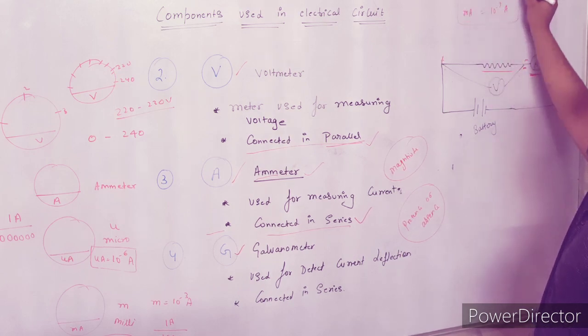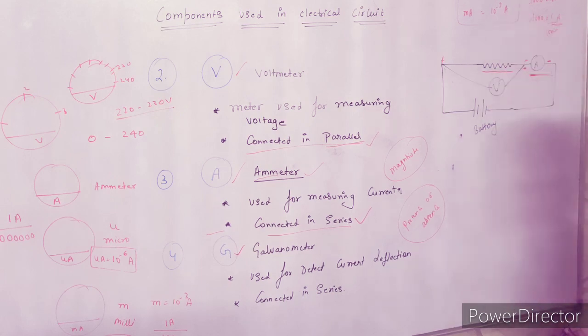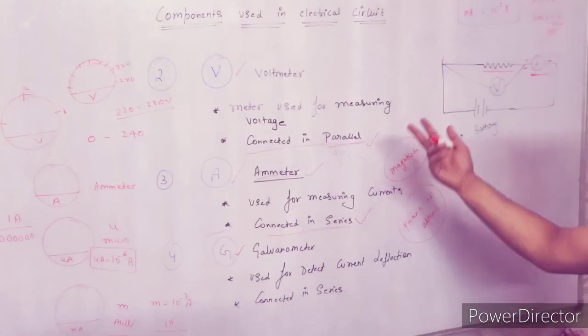In simple words, 1000 milliampere equals 1 ampere, because 1000 milli means divide by 1000, which is cancelled by this, that is 1 ampere.